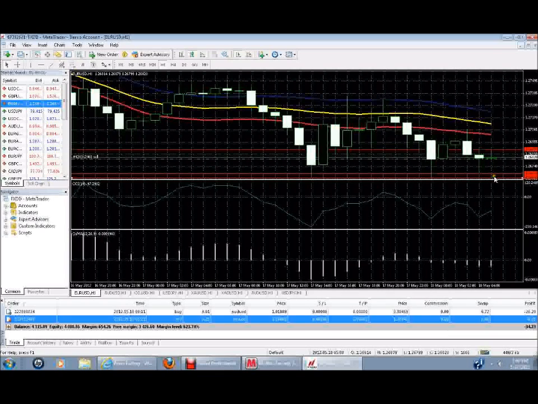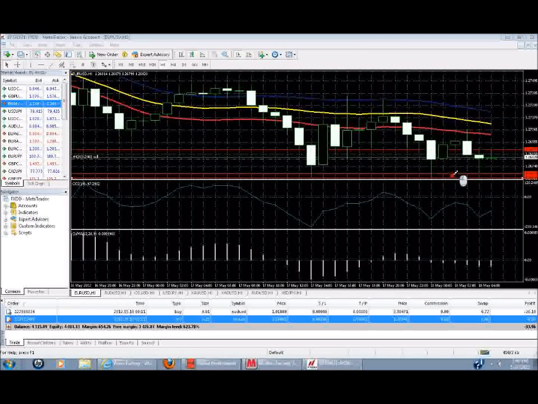But again, we're looking at it for it to break here, and it to break, let's see, where can we find the channel break here.